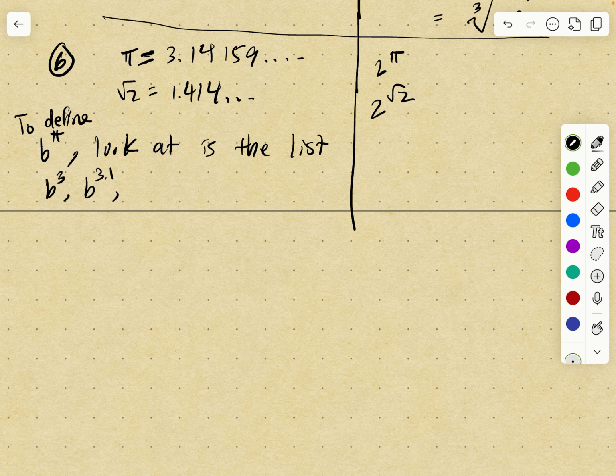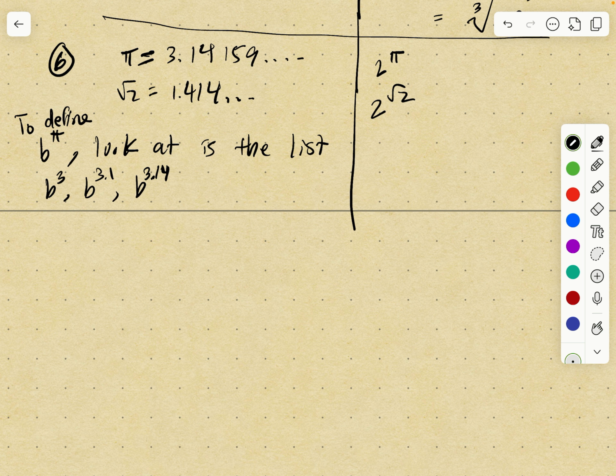So remember, when you have a decimal that's terminating, that just stops, it corresponds to a fraction. So 3.1 is 3 plus 1 over 10. So that's 31 tenths. And if I have 3.14, that's 314 over 100, right? So we've defined b to the 3, b to the 3.1, b to the 3.14, and so on.